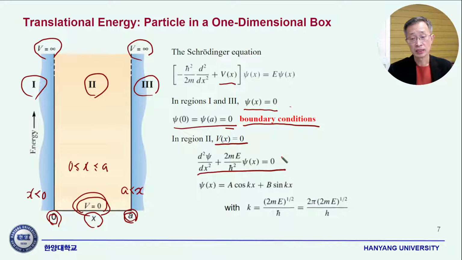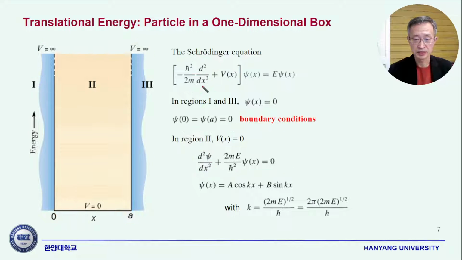What you see here is that if you differentiate some function twice, you get the same function times a constant, which is the energy in this case.